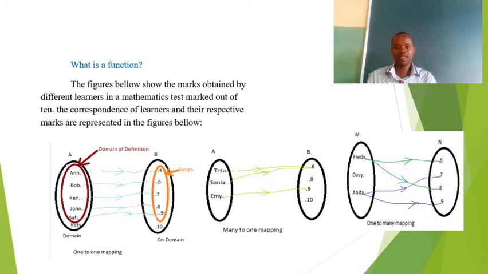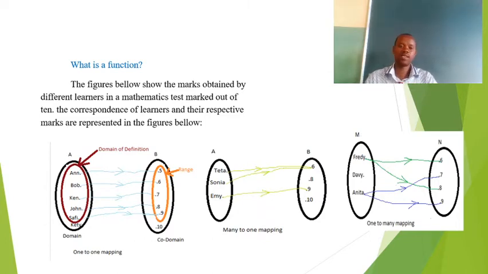And for the third figure, we see that the students Freddy, Davi, and Anita also have their respective marks, but Freddy has gotten 6 and has 2 images, 6 and 8. Anita also has gotten 7 and 9.